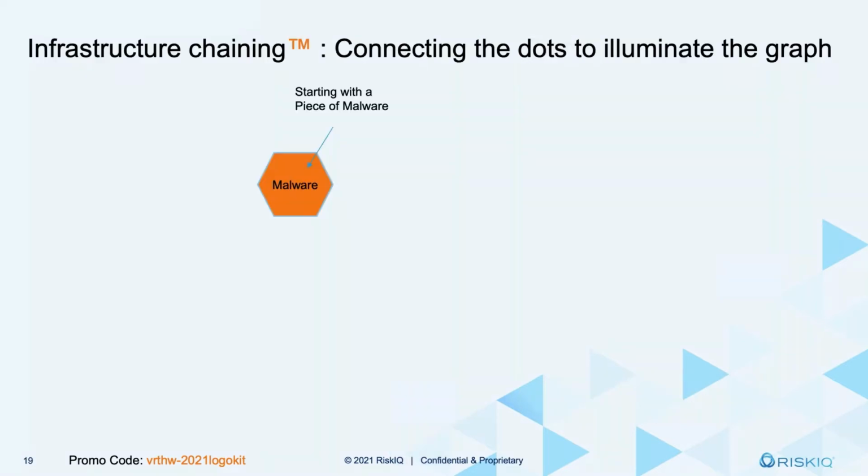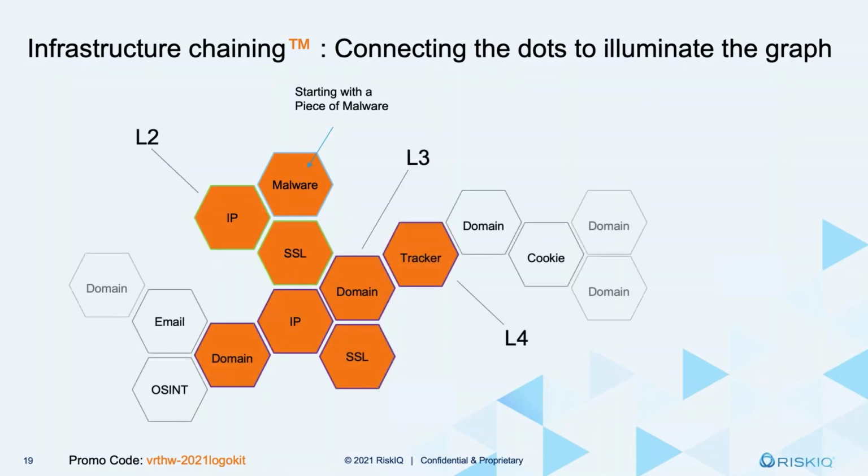So when we have this information, it gives us that starting point. If you start off with a piece of malware, we can see the IP address and then the cert associated with that, the domain associated with that cert, its IP, and we start linking this together.